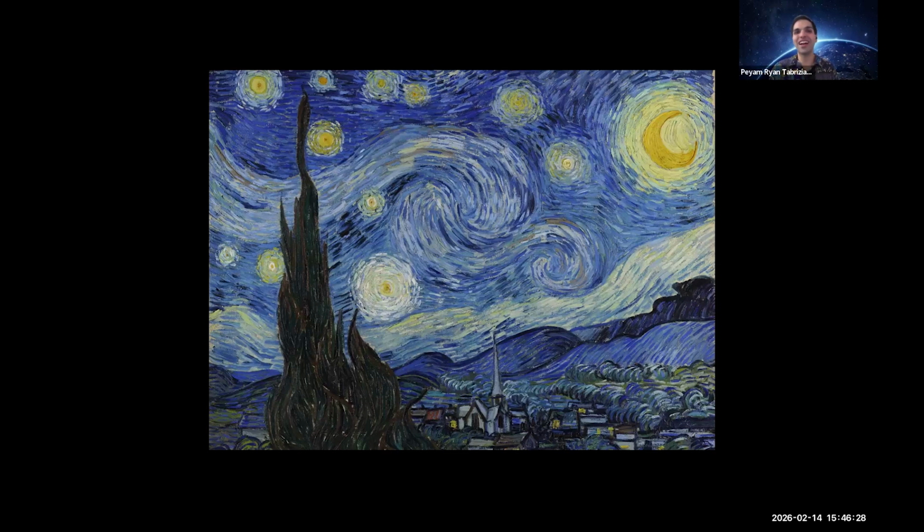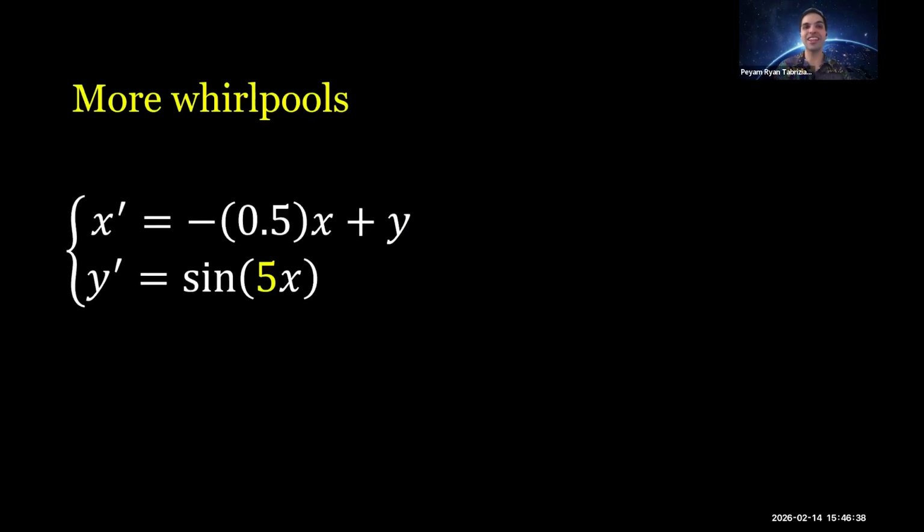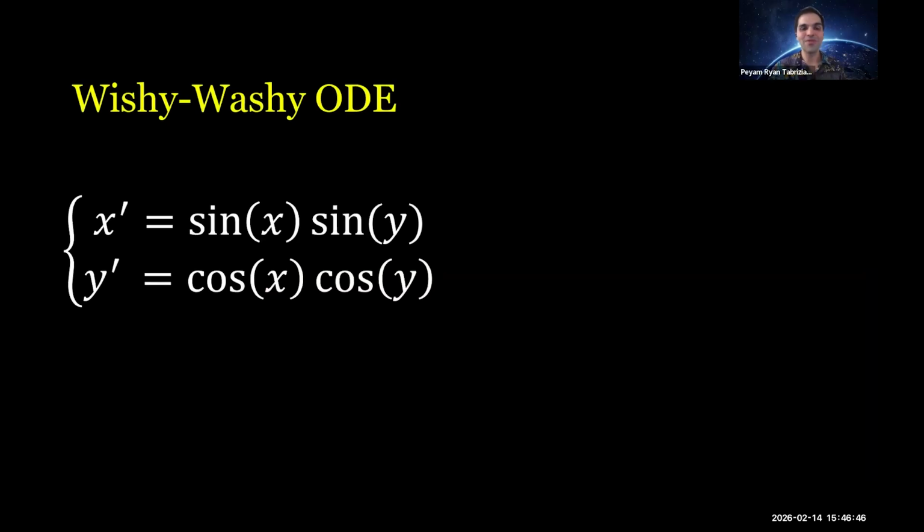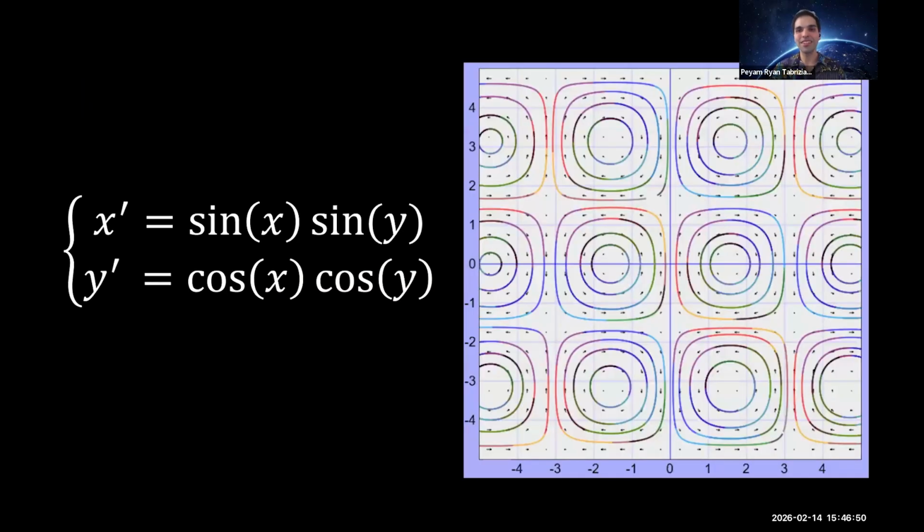So I always believe Van Gogh was a closeted mathematician. Maybe he loved differential equations so much he was inspired by them. But the cool thing is you can also modify this to get more whirlpools just by changing sine of x to sine of 5x.